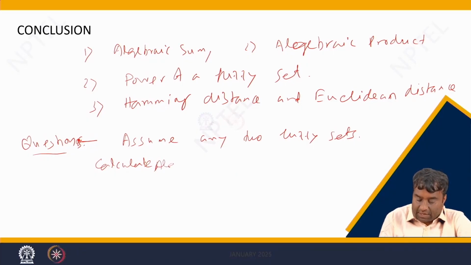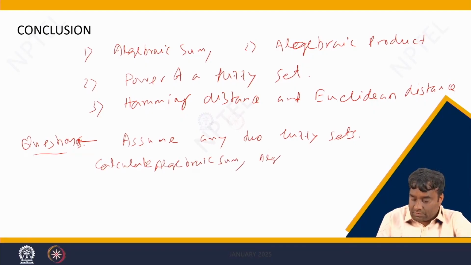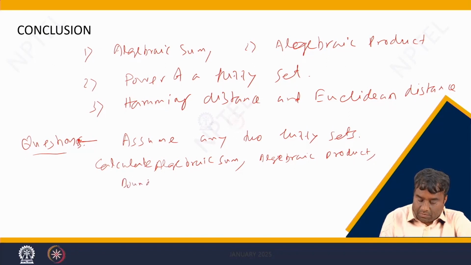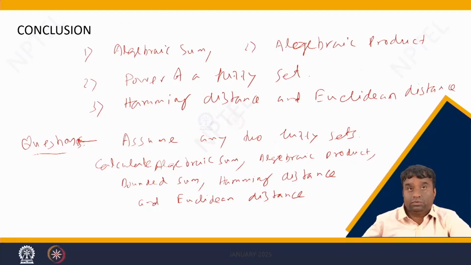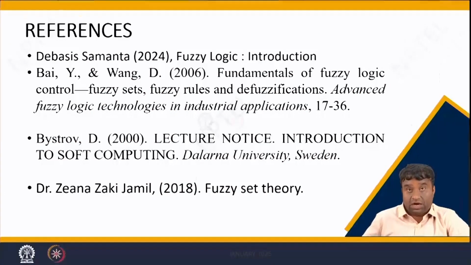Calculate algebraic sum, algebraic product, bounded sum, and the Hamming and Euclidean distance. So solve these questions. These are the references for today's class.